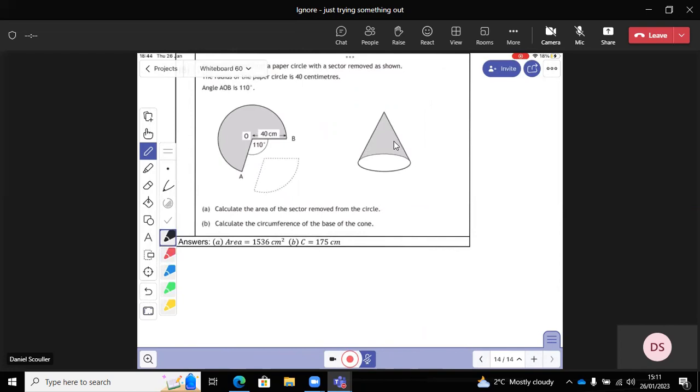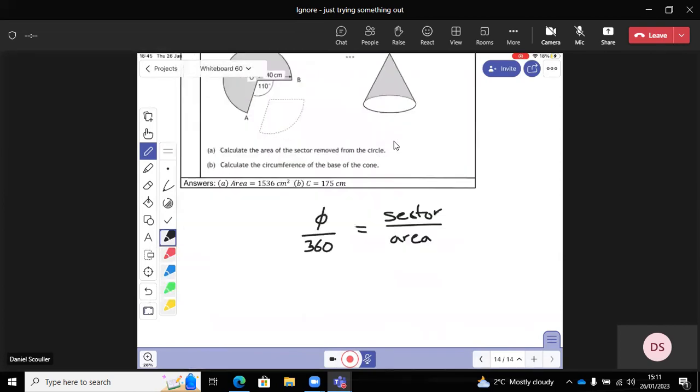So we're just going through that equation, theta over 360. So the angle that we're given over 360, and it's sector this time, over area, the full area of the circle. So it's the sector, the bit that's cut out, divided by the full area of the circle.